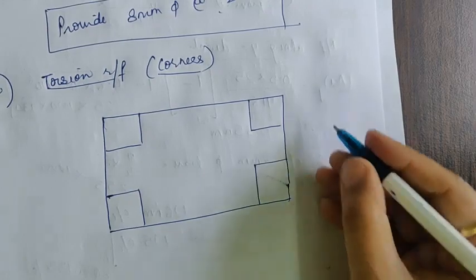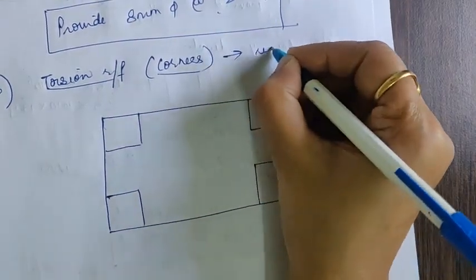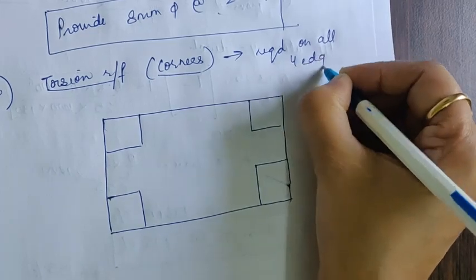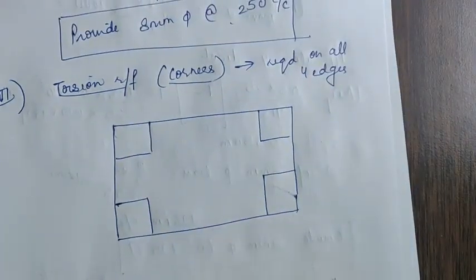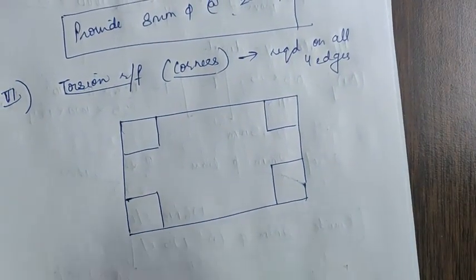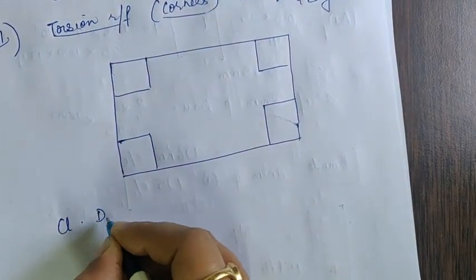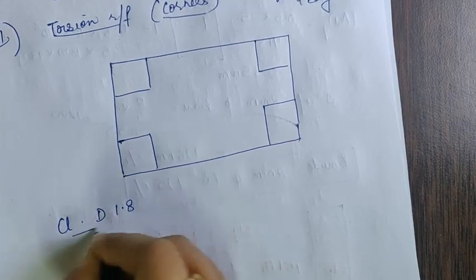Okay. So it means the torsion reinforcement is required on all four edges.